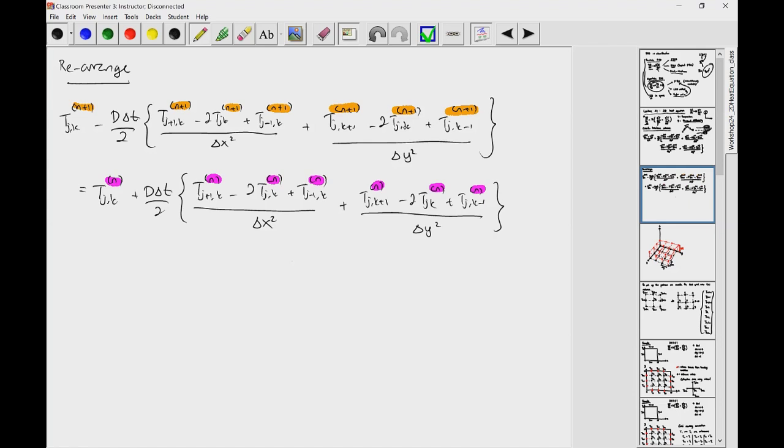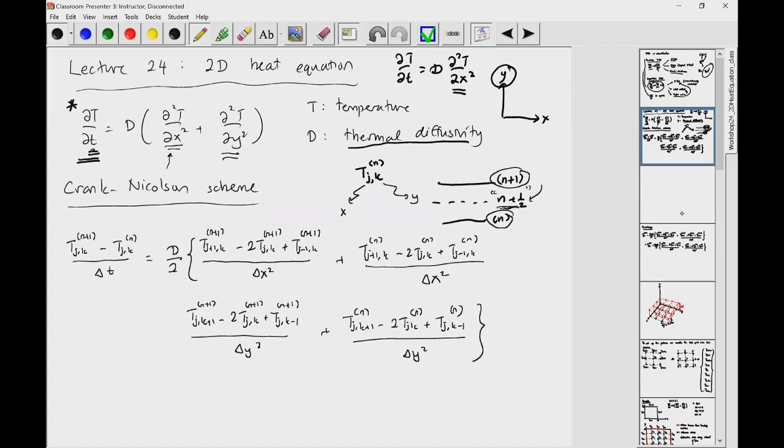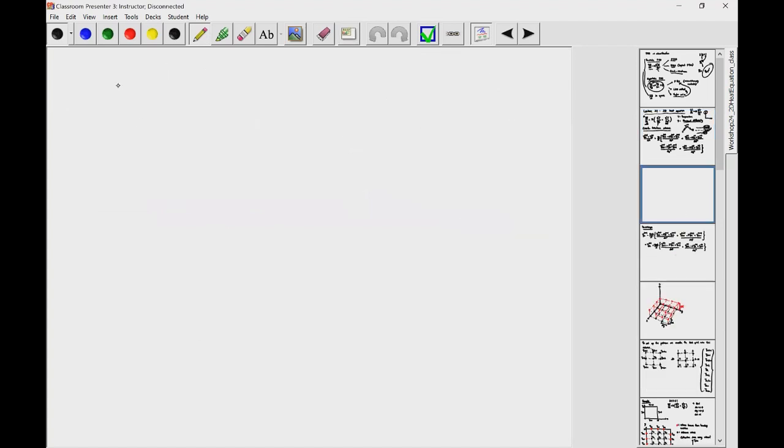Before moving on, look at this equation and try to understand what it is telling us. Recall from the one-dimensional PDE, when you solve with the FTCS scheme, for example, this is your x, this is your t. At this particular point, the explicit FTCS scheme takes contribution from these three points to find out what this is, correct?